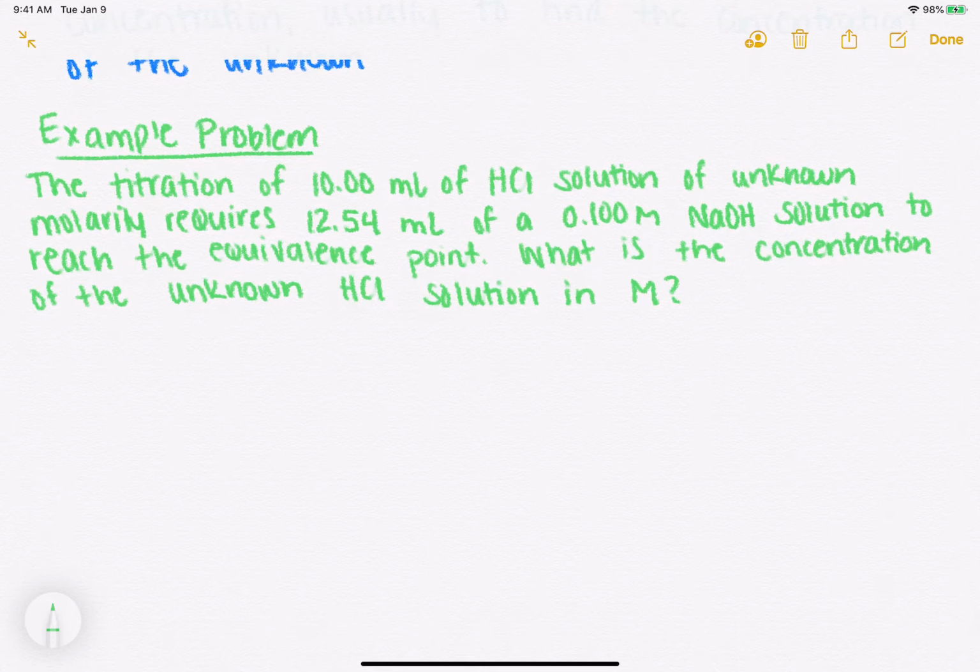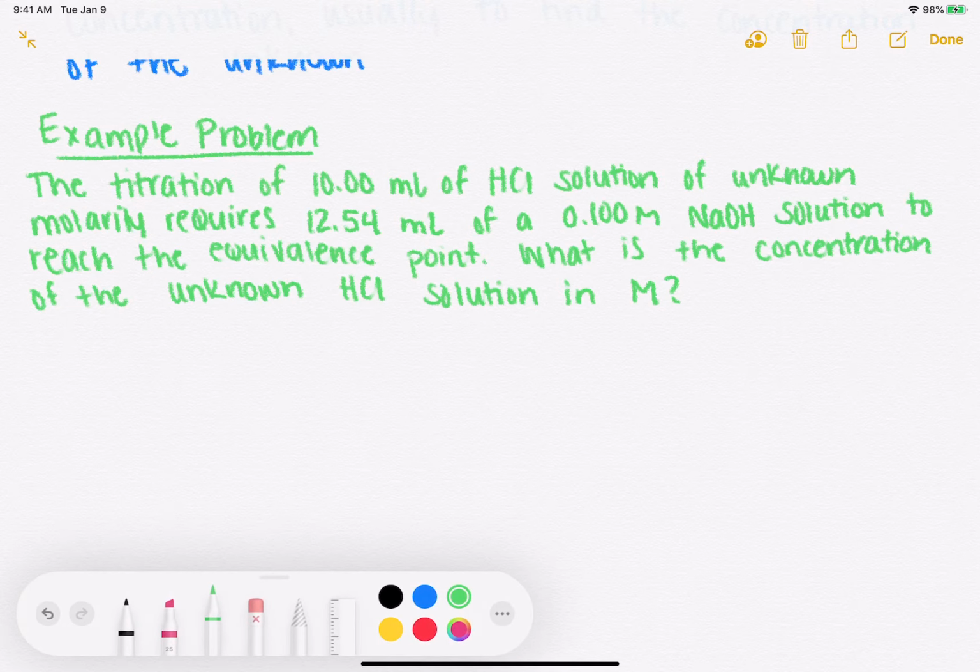So for example, we have a titration of 10.00 milliliters of HCl solution. We don't know the molarity. The molarity is unknown. And we're mixing that with 12.54 milliliters of a 0.100 M NaOH solution to reach the equivalence point. What is the concentration of the unknown HCl solution in units of molarity?